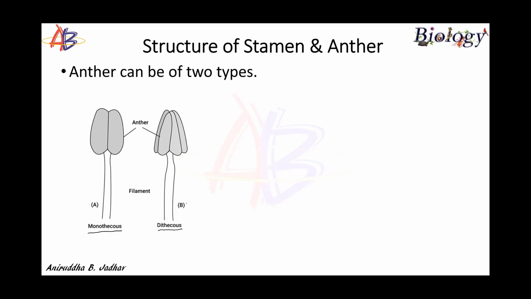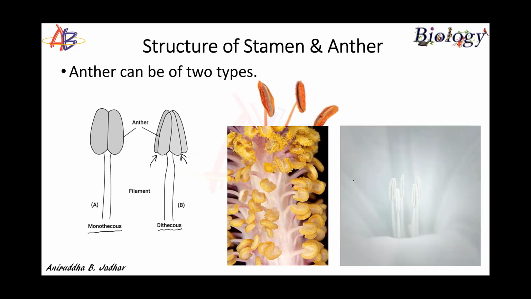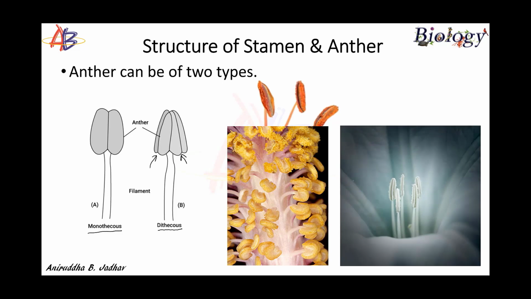In these dithecous anthers, the two lobes are connected with each other by a sterile tissue called the connective. Internally, a dithecous anther is tetralocular. That is, it has four chambers called microsporangia, or pollen sacs, or pollen chambers.